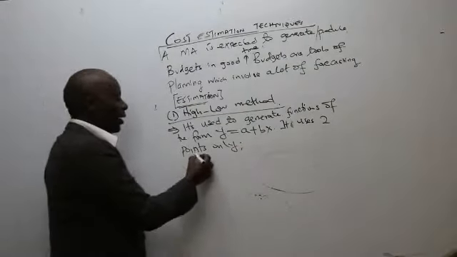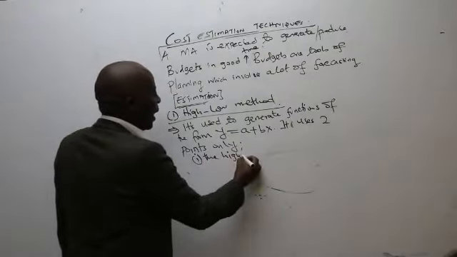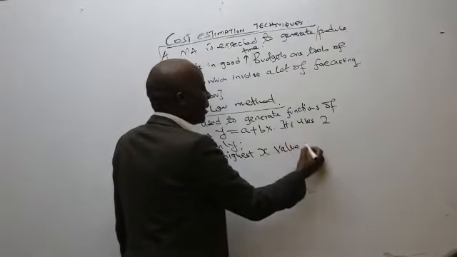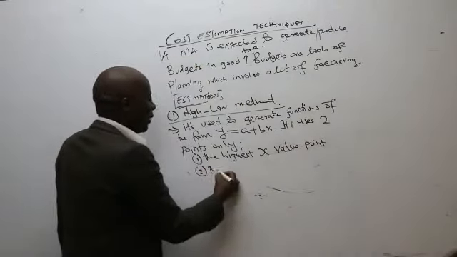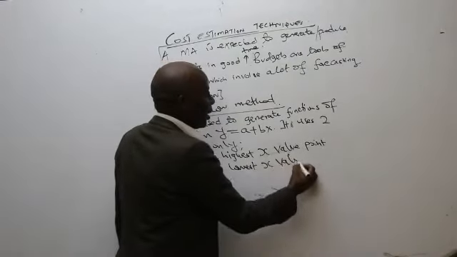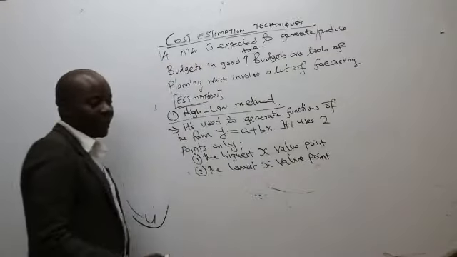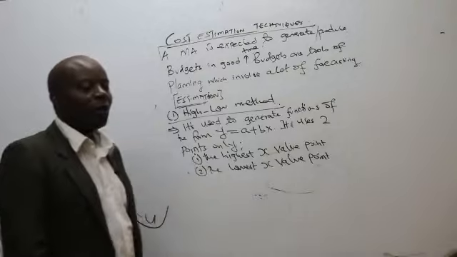Number 1, we have the highest X value point. And then number 2, we have the lowest X value point.